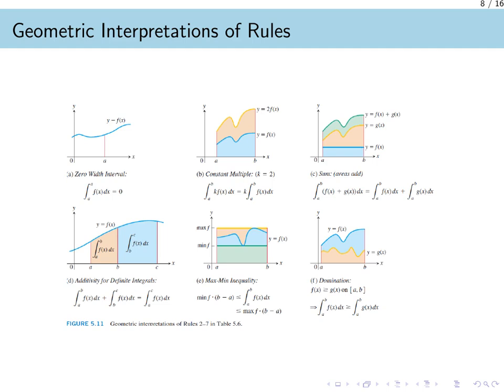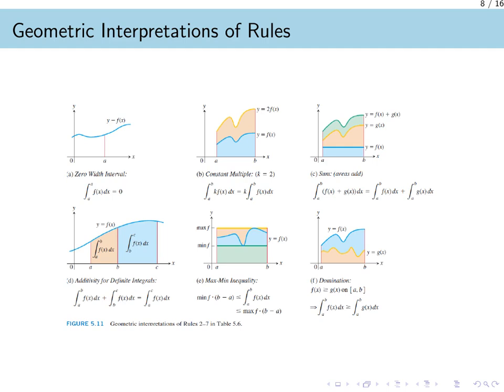This slide provides the geometric intuition behind the algebraic rules we just listed. For instance, the additivity rule can be visualized as splitting a large area into two smaller adjacent regions. The total area is clearly the sum of the two parts. Similarly, the domination rule makes geometric sense, because a curve that sits higher on the graph will naturally have a larger area beneath it.